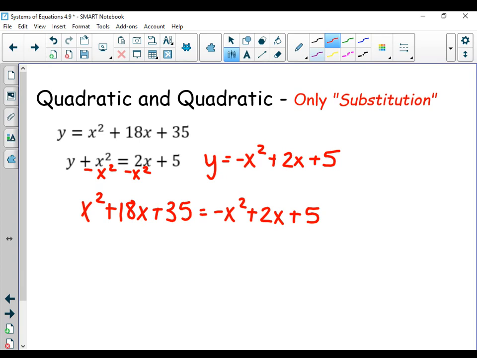Again, I like to keep things positive, so I'm going to move everything from the right side over to the left.